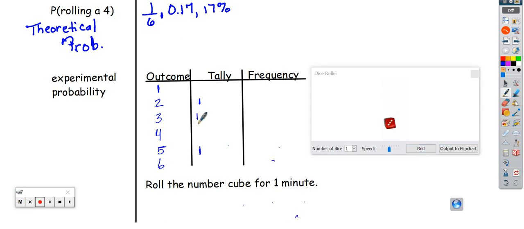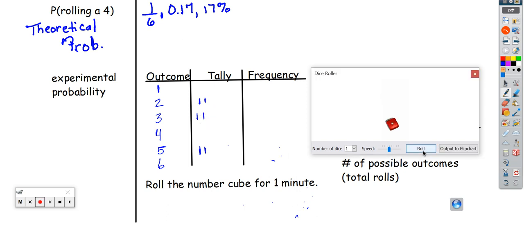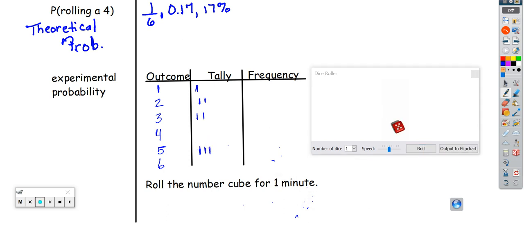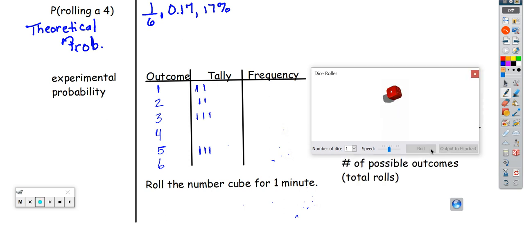3, 2, 5, a 3, a 1, a 5, no 4 yet, a 3, a 1, 3, yay, a 4.